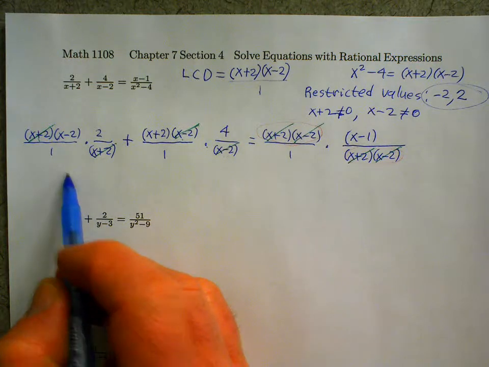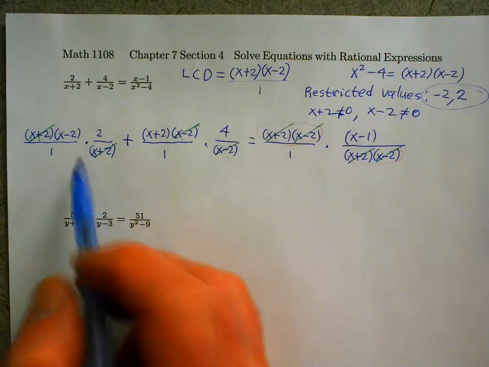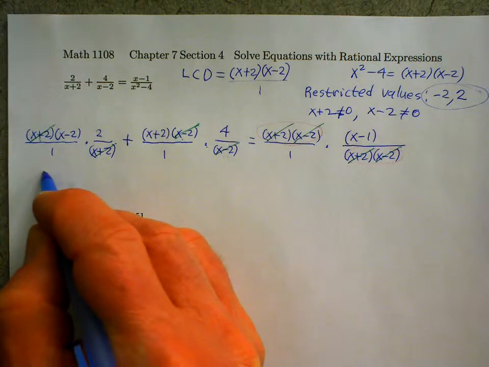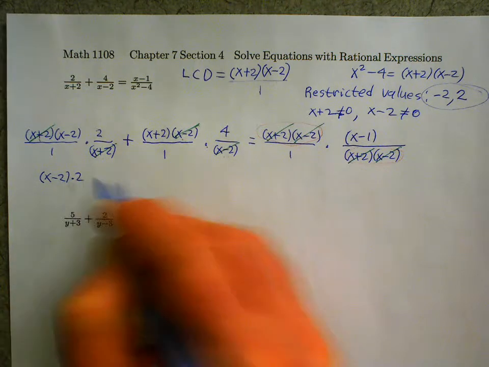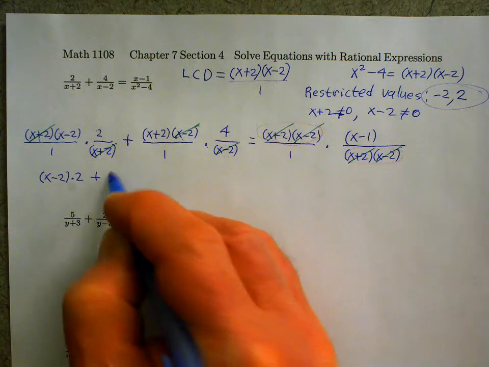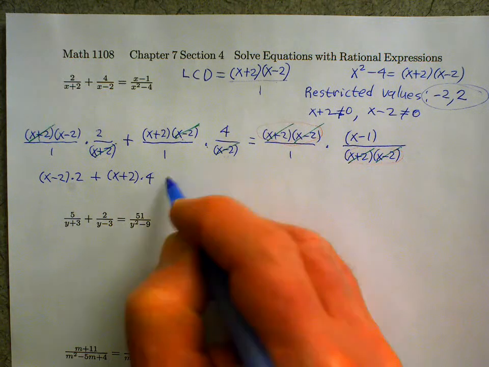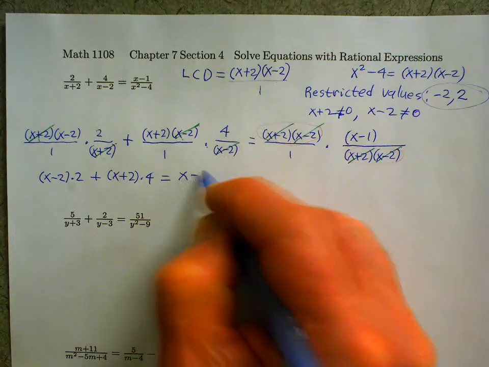Okay, in the next line, we'll just write down the factors that survive the canceling. So on the left, we have x minus 2 times 2, and then plus x plus 2 times 4. And on the right-hand side, we just have x minus 1.